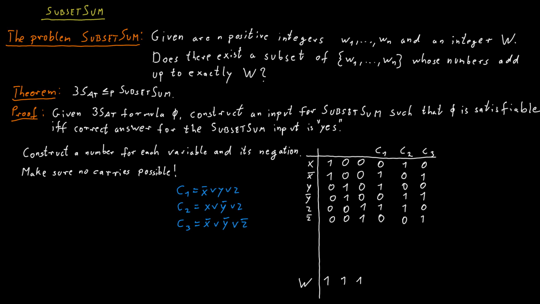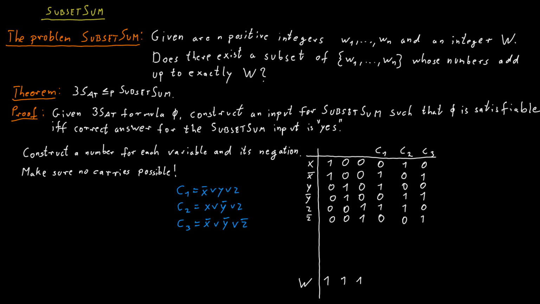This is not obvious because we only used zeros and ones so far, but you should really read these as decimal numbers. So now, what we want is that if a clause is satisfied, we reach the target number in that particular position of the decimal number.